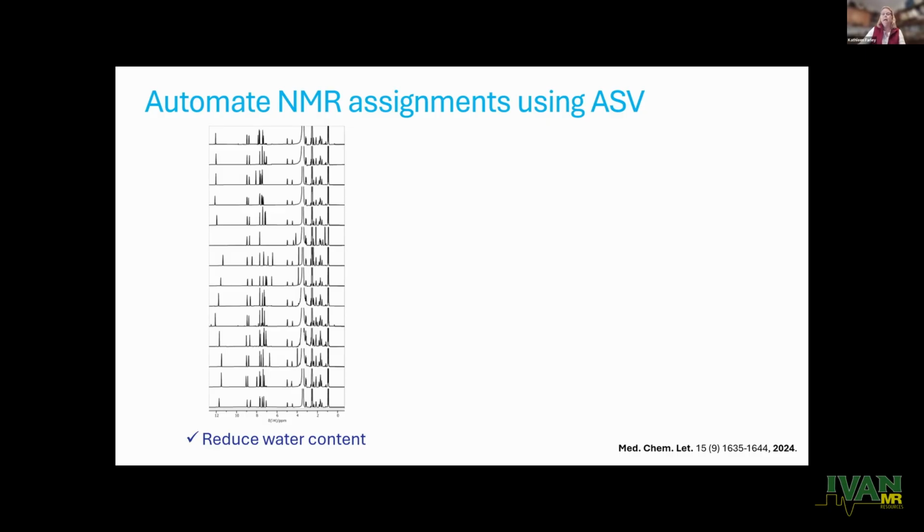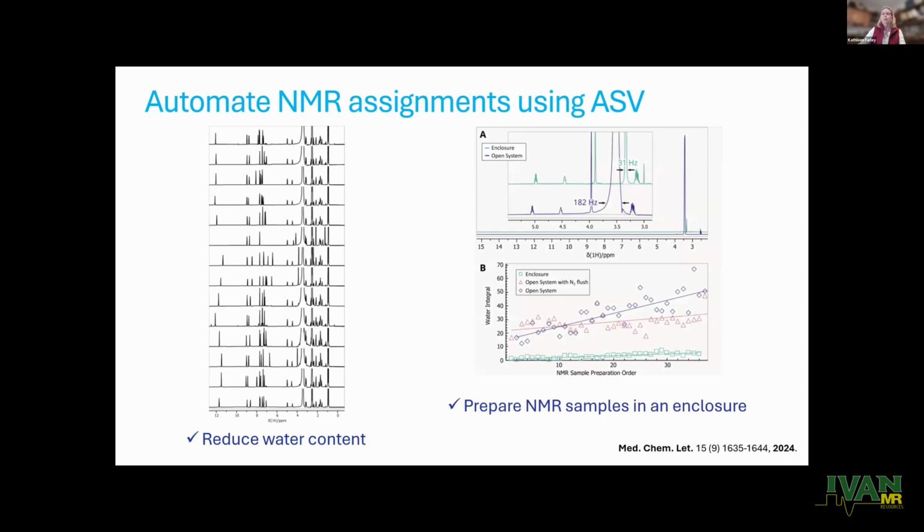And our problem was we knew we needed to reduce the water content. So we were really hoping that working with the robot would do it. And we initially added a nitrogen flush because it is in an open environment. And that improved it somewhat. It took it from this, up here, water content by the end of the plate was going up.